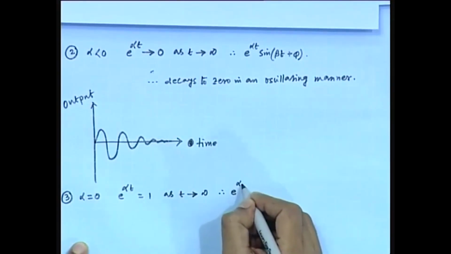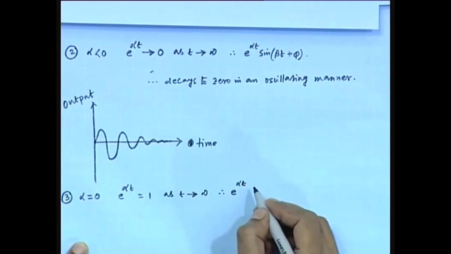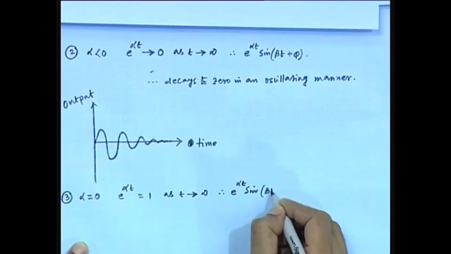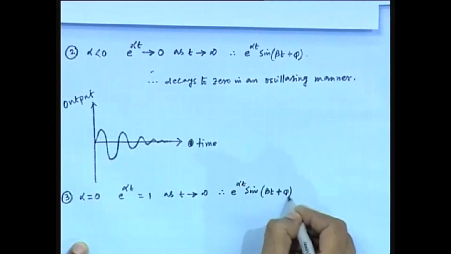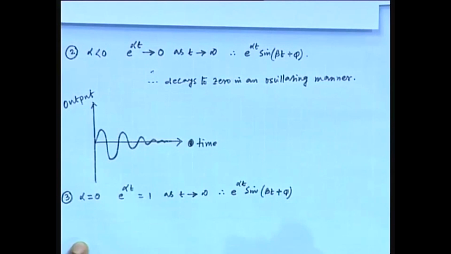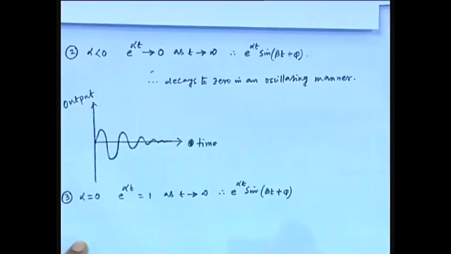So, exponential of alpha t multiplied by sin(beta t plus phi), what will be the response? Sinusoidal, I mean with constant amplitude.